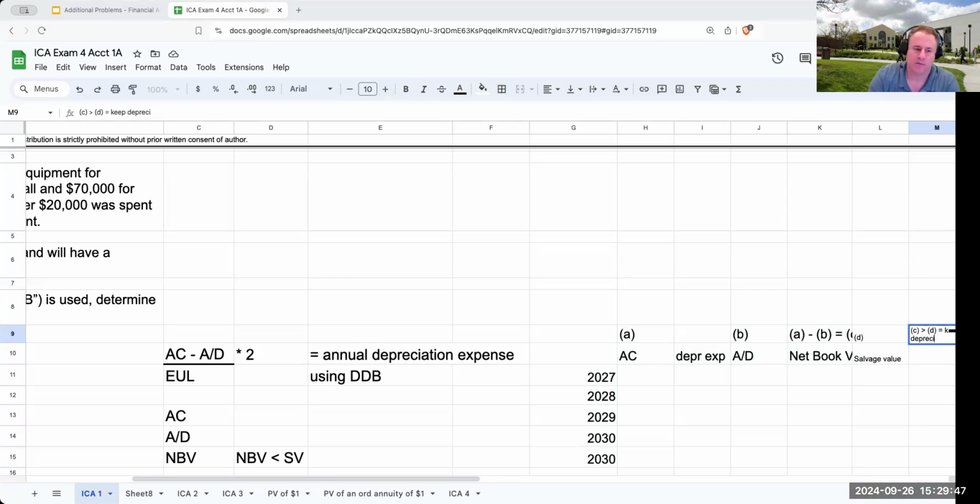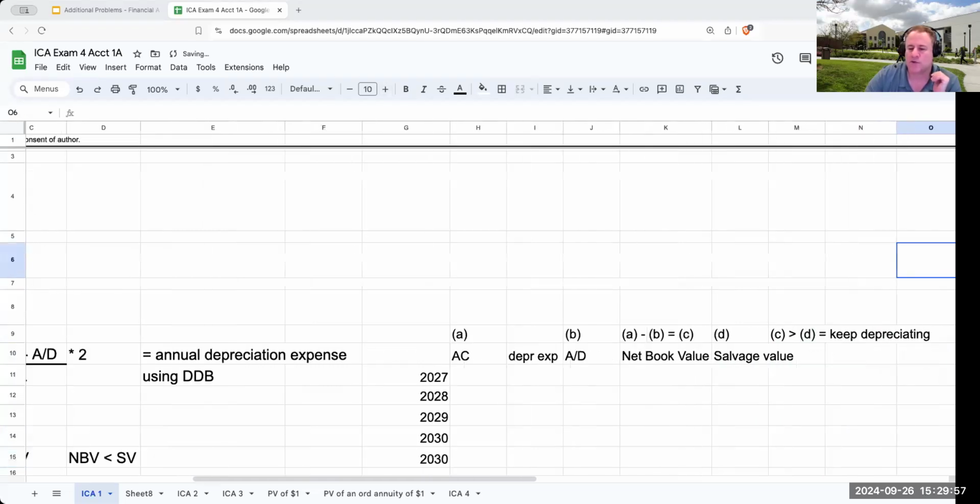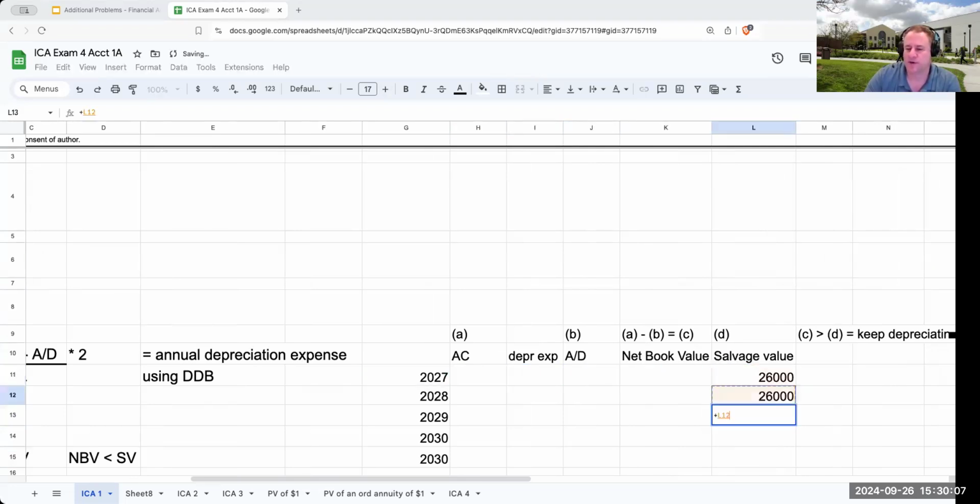So that's going to be our approach for these different questions. This is really going to help us say, do we keep on going? But let's put in what we know. We know that our salvage value is 260,000.